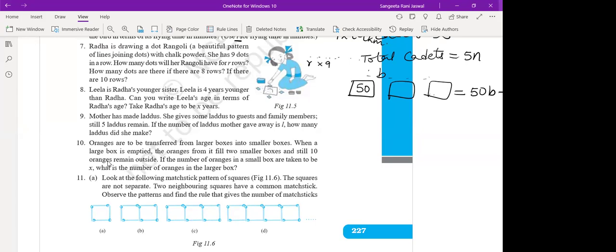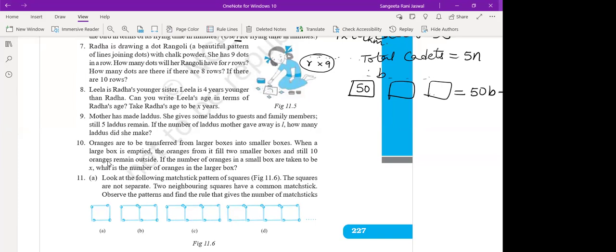How many dots are there if there are 8 rows and if there are 10 rows? First tell me, for R number of rows, how many dots she will have?